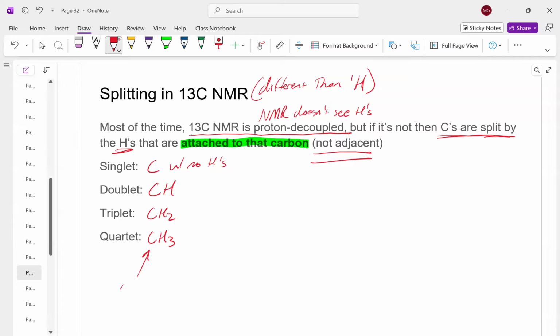This obviously can only be sp3, but there are instances where a CH2 could be sp2 hybridized. And there are instances where a CH could be sp hybridized, like maybe a terminal alkyne, sp2 or sp3. And we could say the same thing for a carbon with no hydrogens: sp, sp2, or sp3.